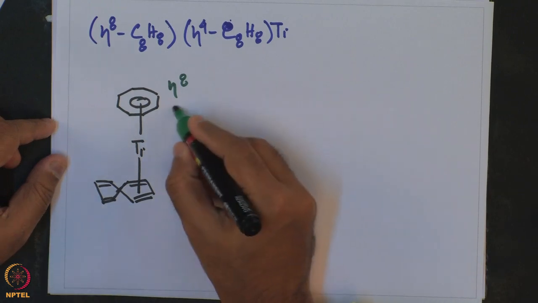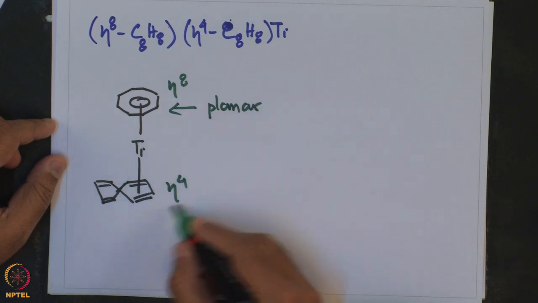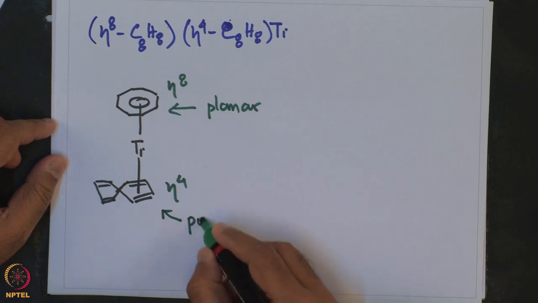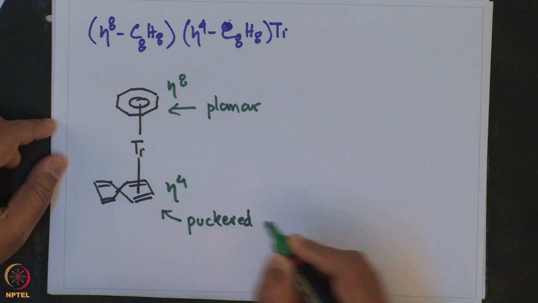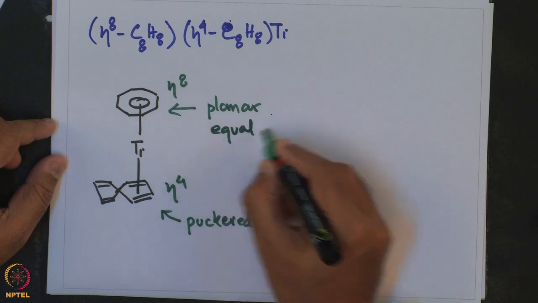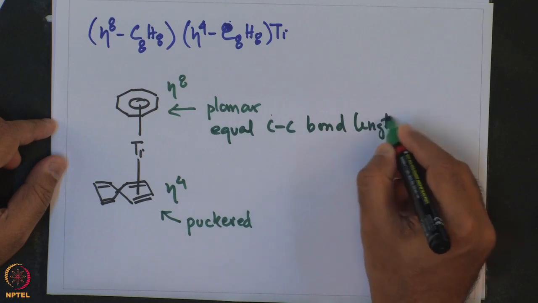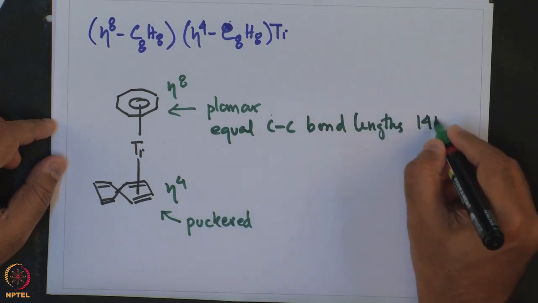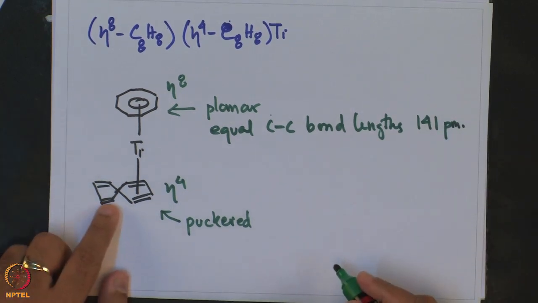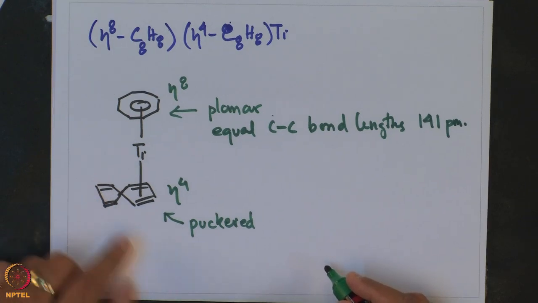Eta 8 is planar, whereas eta 4 is puckered. Eta 8 is planar and contains equal CC bond lengths of 141 picometer, whereas there is no conjugation across the whole ring in the eta 4 fashion, because it is puckered.